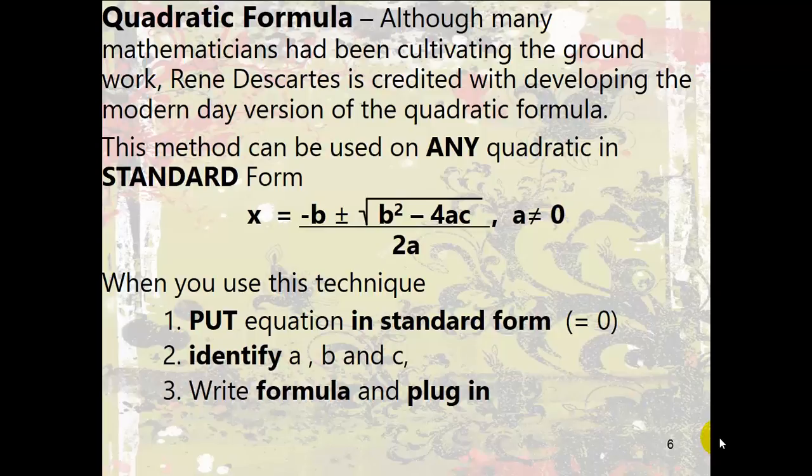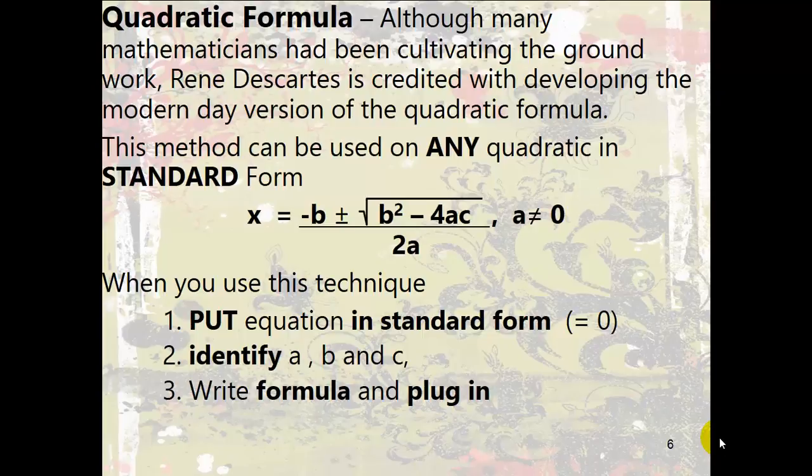Okay, the quadratic formula. It took many minds to come up with this, and mathematicians had been cultivating the groundwork for hundreds and thousands of years. But René Descartes is the mathematician credited with developing the modern day version of the quadratic formula.